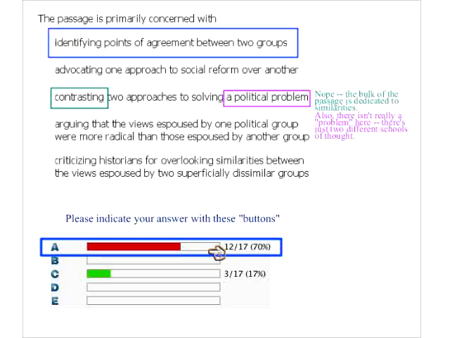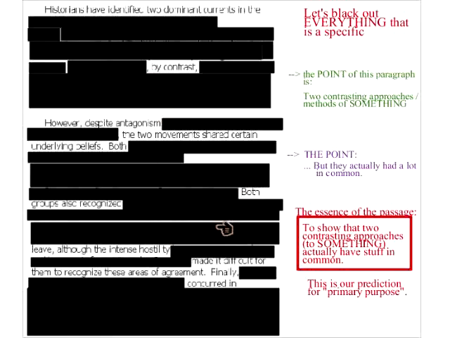Okay, so it's very well done. Most of you got this right. Granted, we walked you through it together and stuff, but I think you guys can see the power of approaching it like this. Now, obviously you can't literally black things out when you take the test because it'll be on the screen, but when you do this, when you get a main idea question, and even when you read the passage in general, this is also a fast way to read passages.